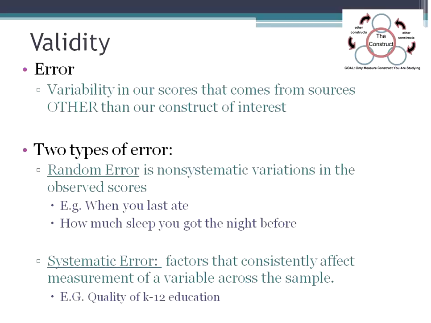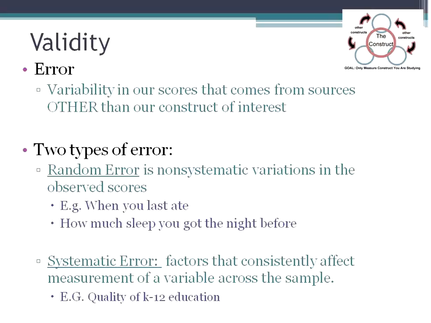These are variables that systematically vary with the independent variable or with the measurement across the sample, right? So this is error that's going to influence everybody's observed score across our sample. So you might think for the ACT, the quality of K through 12 education, or the amount of SAT prep or ACT prep courses that you were able to take.